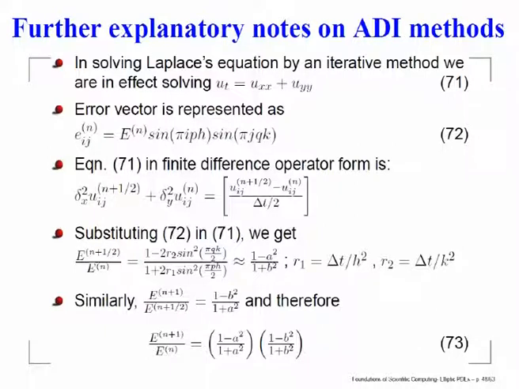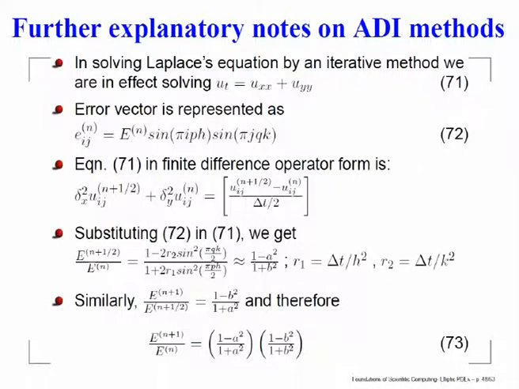This is exactly like what we said about the similarity transformation, that eigenvalue does not change, and in the end what you get, that individually these factors are not guaranteed to be less than 1, but the compound step, the product of the two, gives you these factors, right? 1 minus a square divided by 1 plus a square, and this second is similarly 1 minus b square divided by 1 plus b square.